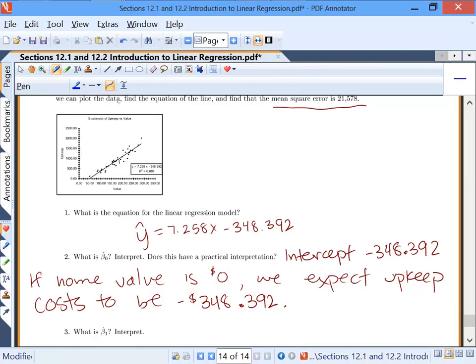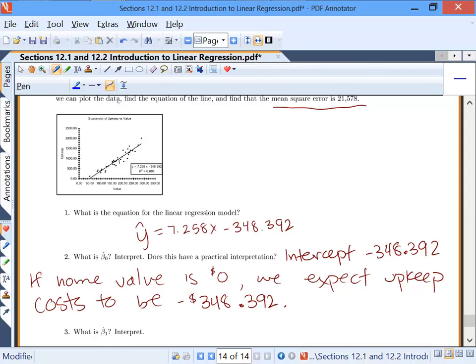Does that have a practical meaning to us? No. Last time I checked, if you don't have a home, no one gives you back money for the upkeep of your non-existent home.